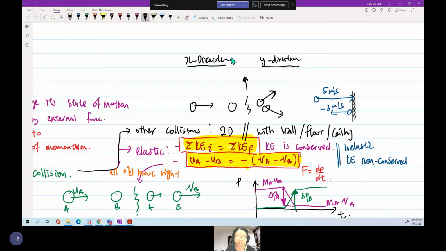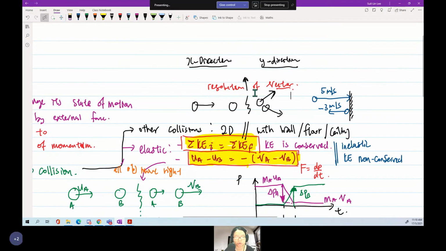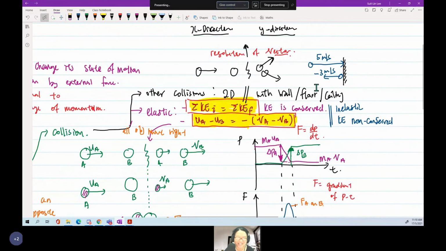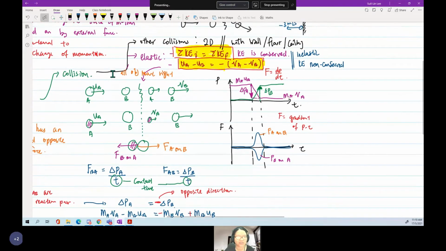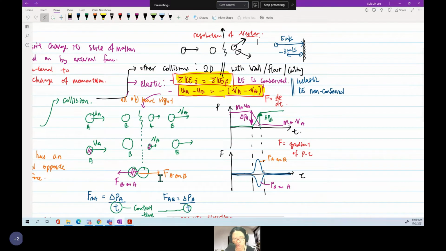Sometimes you only need to do one direction, but you still need to resolve, so there is still the resolution of vectors here. That's why vectors seldom stand alone as their own question. They can ask it all over the place in the syllabus. So this is your three Newton's laws exhibited through collision, which is the essence of chapter 4.